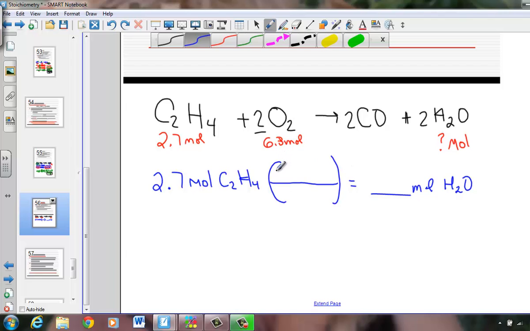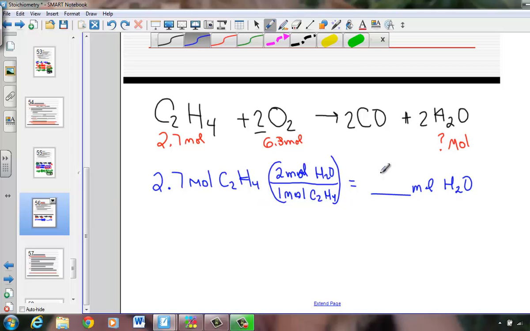So this ratio looks like every 2 moles of our product water, we have 1 mole of the reactant ethene, 1 mole C2H4.